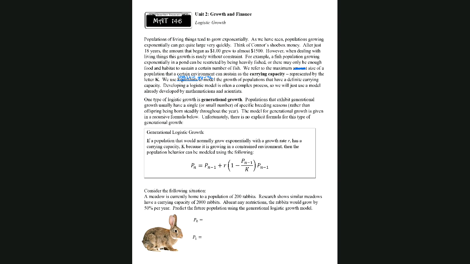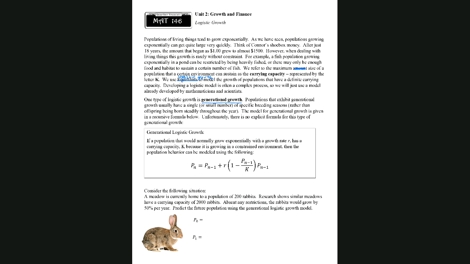Developing a logistic model is often a complex process, so we will just use a model already developed by mathematicians and scientists. The type of model that we're going to use is a generational growth model.